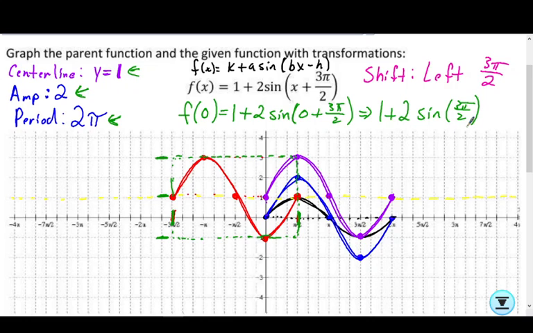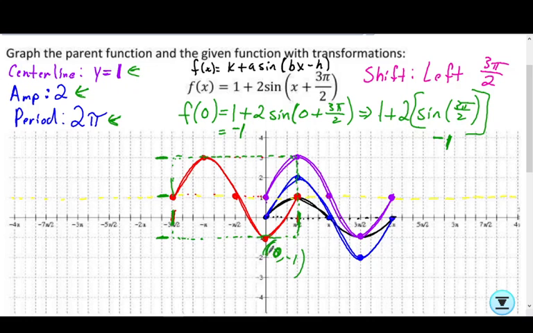If you know your unit circle, the sine at 3 pi over 2 is negative 1. So negative 1 times 2 is negative 2. 1 minus 2 is negative 1. So the coordinate 0, negative 1 should be on my graph. Is this 0, negative 1?